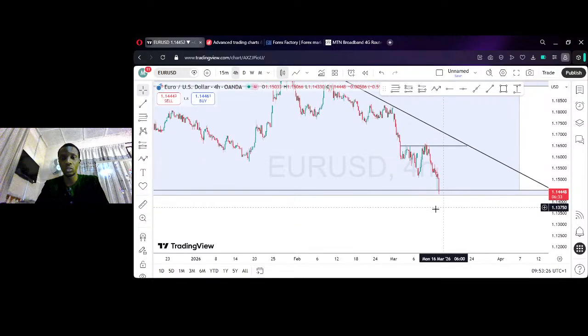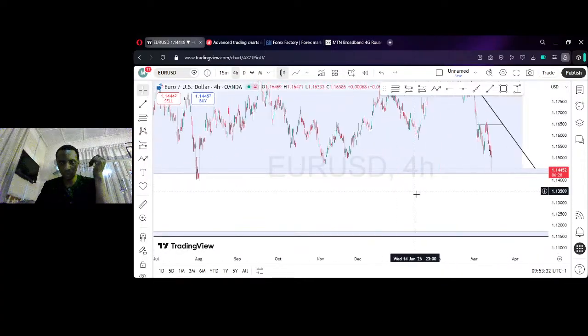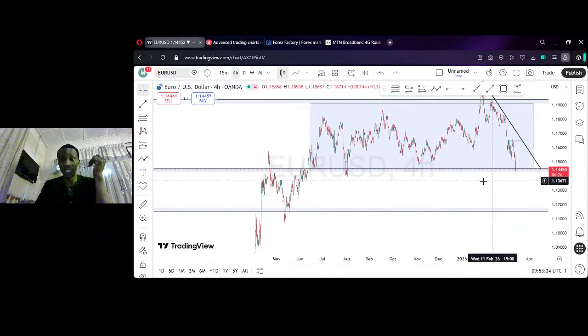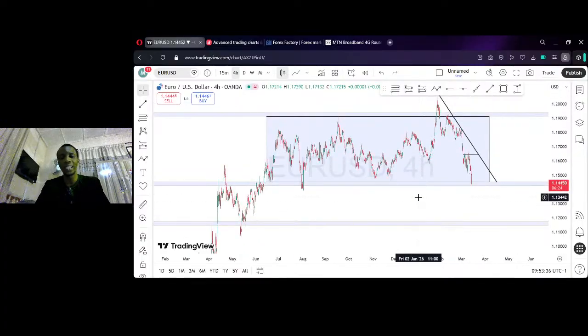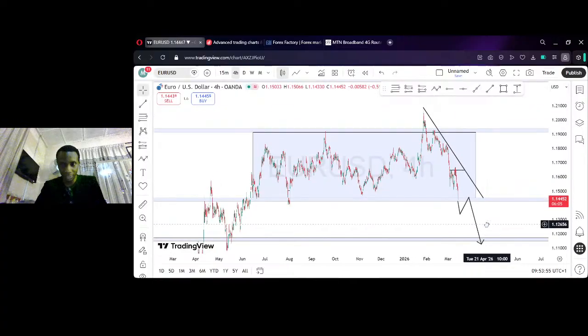Now two things are likely to happen on Euro USD. Since we have seen from the higher time frame that it is in a range, it's either price breaks out from this support level, retests it, and price should sell to the downside.